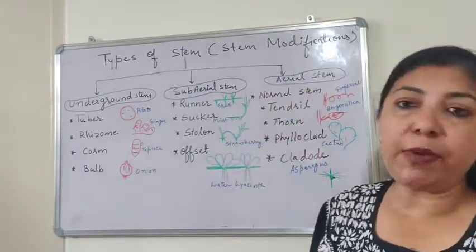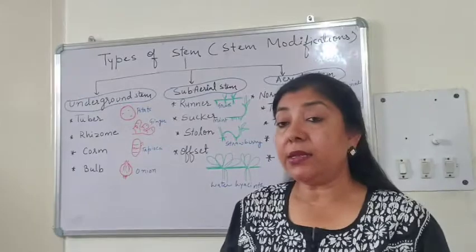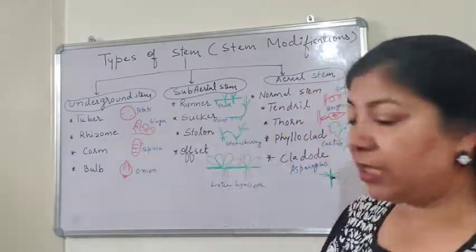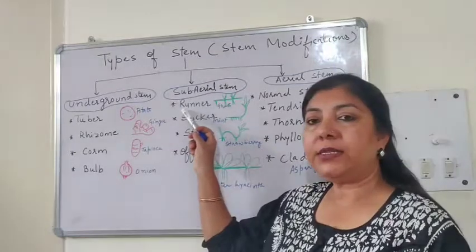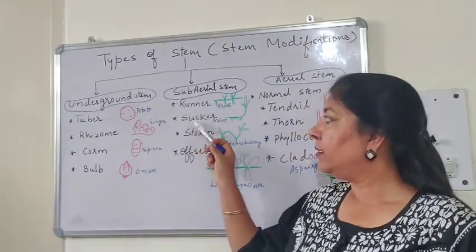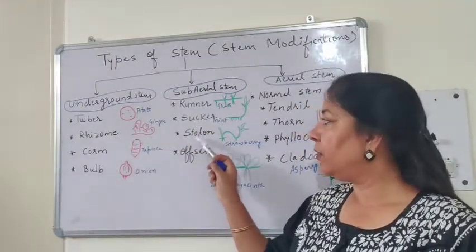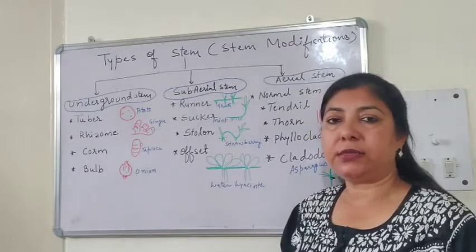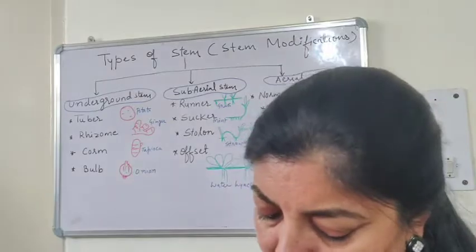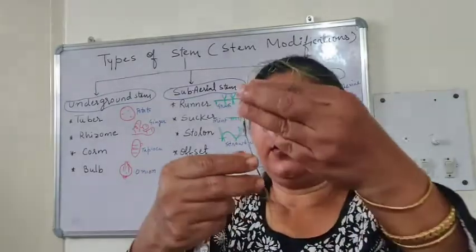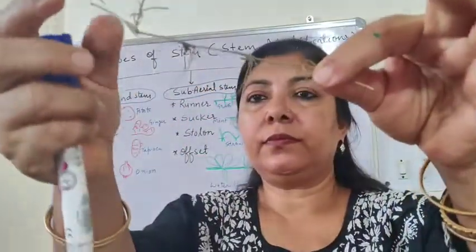Next we come to subaerial stems. Again you can see there are four types of subaerial stems I have mentioned. First is runner, then sucker, stolon and offset. Runner. Grass is a runner. You must have observed grass.